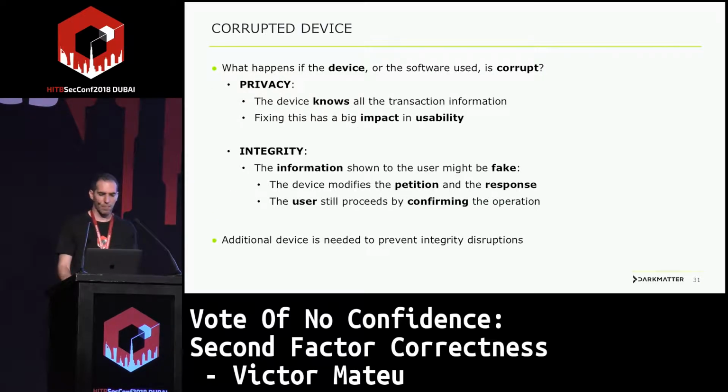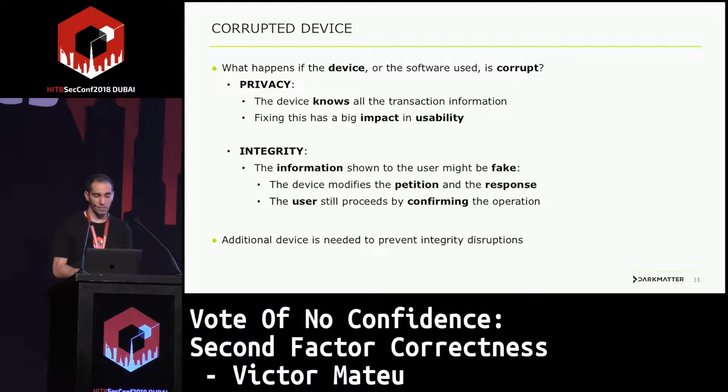So what happens if the device where I had the key, the original device, was corrupted? Then for privacy issues, well, it will know all the information, but if it was your device, it would be the same, right? I mean, he already has the key, so that doesn't change a thing.